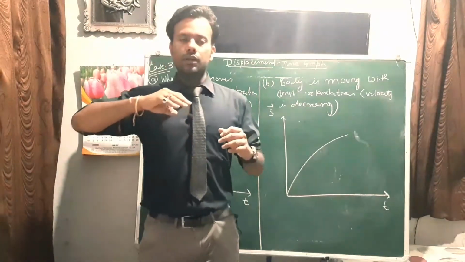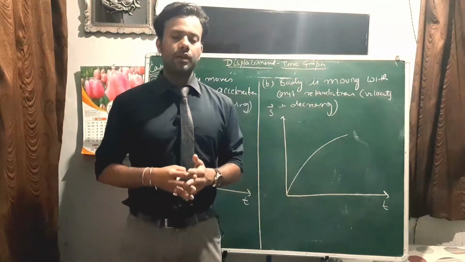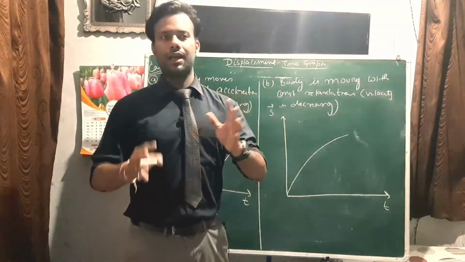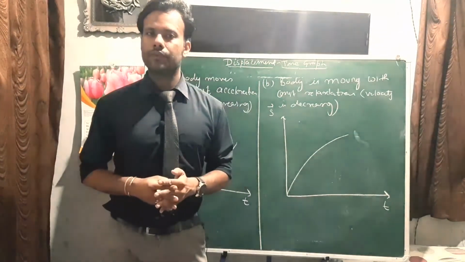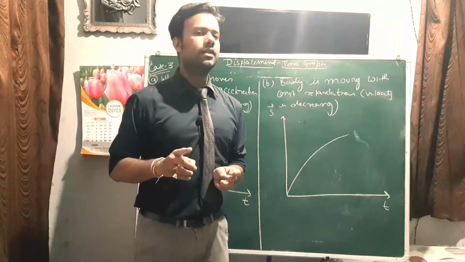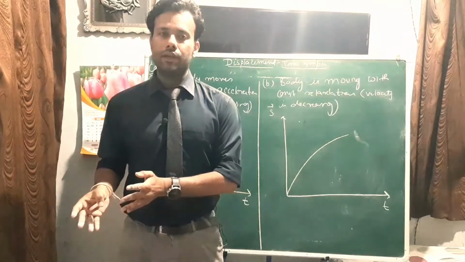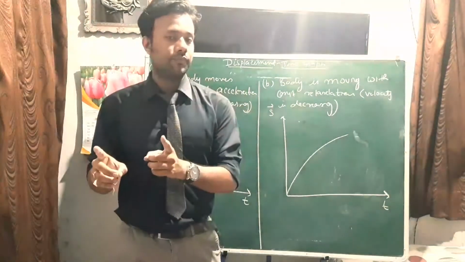As you push, it starts moving, right? And as it moves, there will be some friction between the wheels and the platform on which the trolley is moving. So after covering some distance, the velocity of the body will become zero, right? That means the body will come to rest.